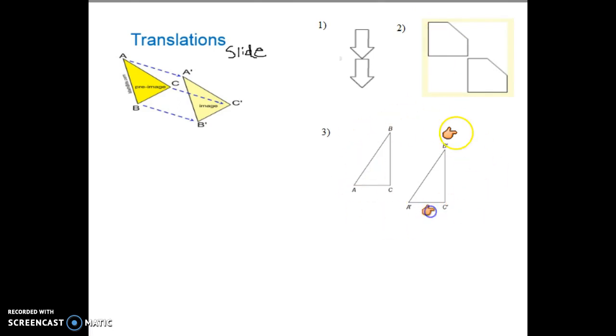Another example, notice these two triangles. If we were to draw a line of reflection here, then this would be flipped over and our C would be over here. So this, they've just taken it and slid it down. So the C is in the same place, the A is in the same place, and the B. So that's how you tell if it is a translation.